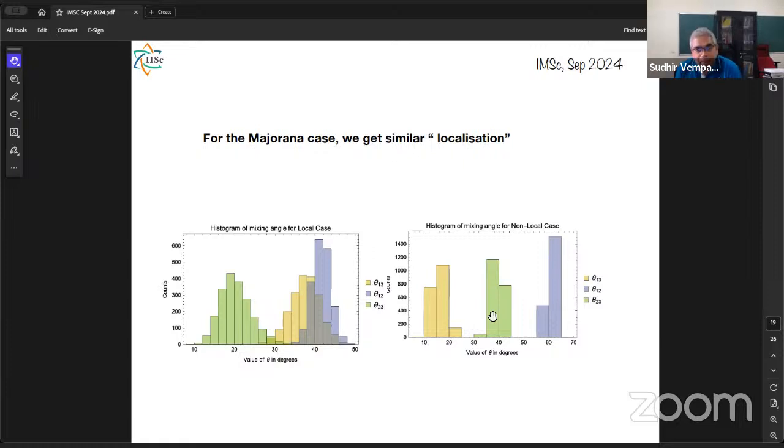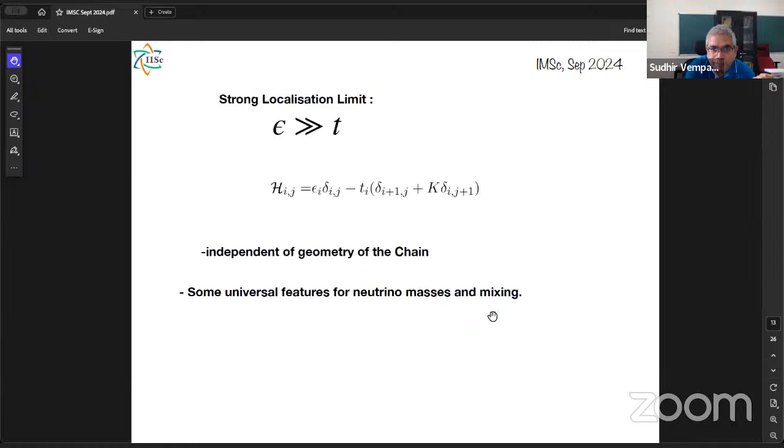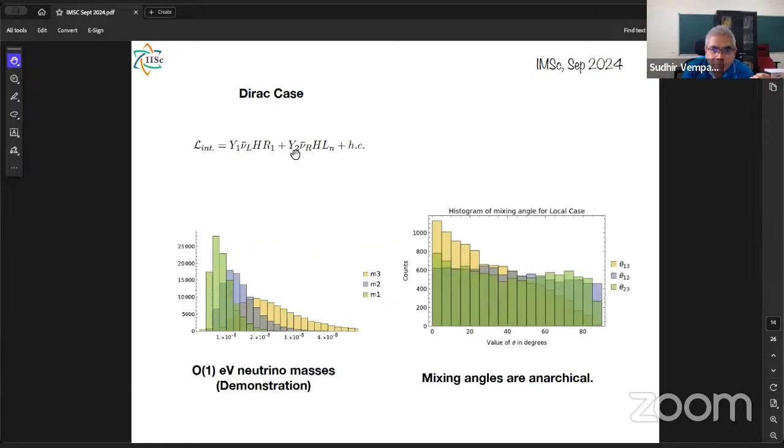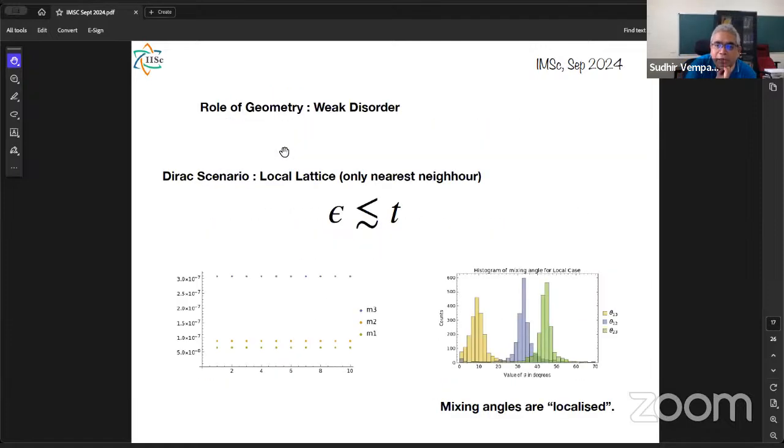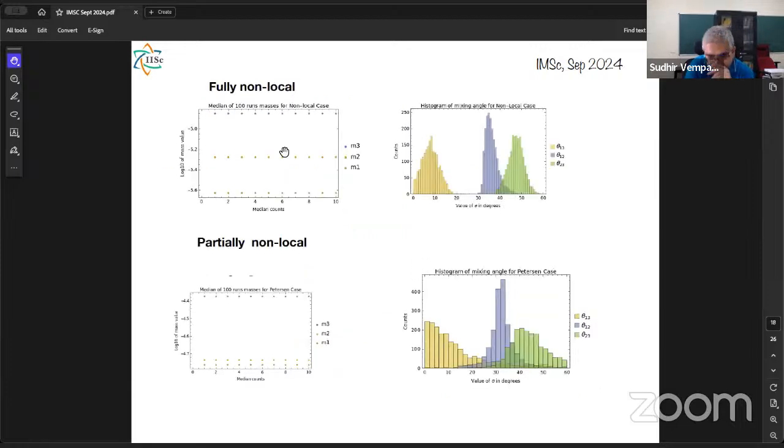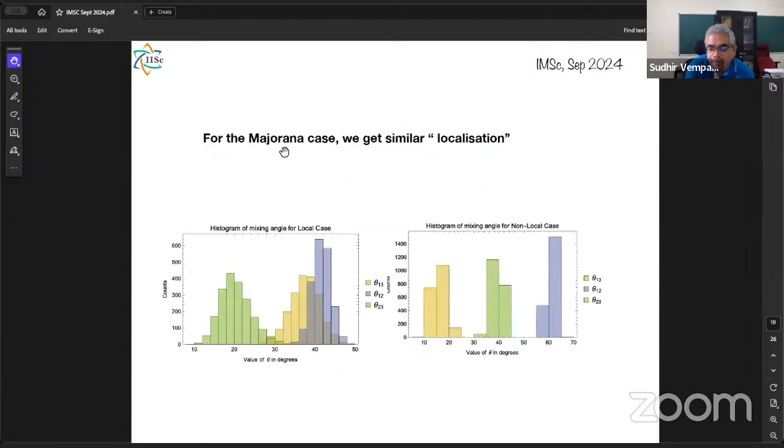Now there are a couple of caveats which you should remember. One of the conditions is that there are some free parameters in the way neutrino masses are generated, and these are considered to be order 1. For example, these Yukawa couplings are taken to be order 1. Now, if these Yukawa couplings are also completely random, then even in the weak disorder limit, I don't get localization of the mixing angles.